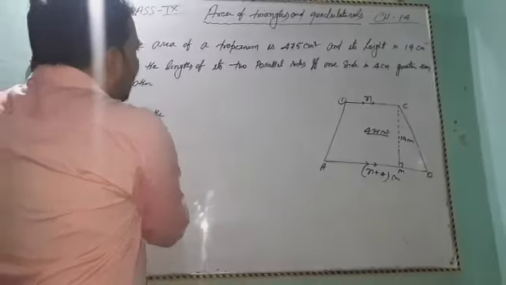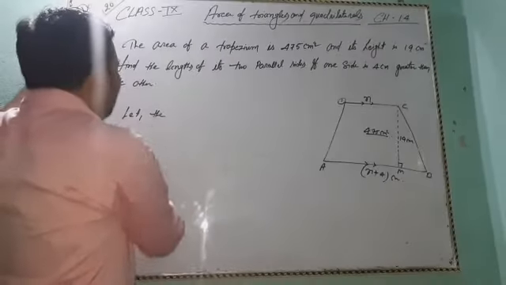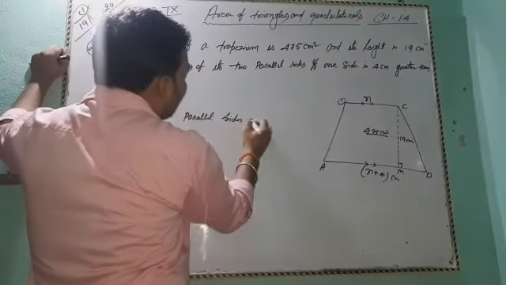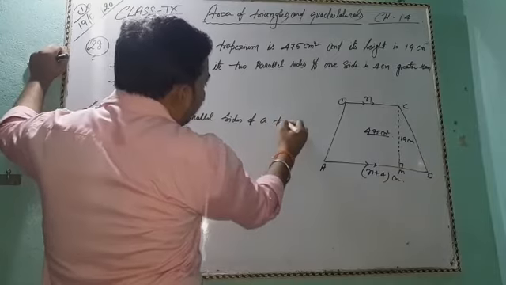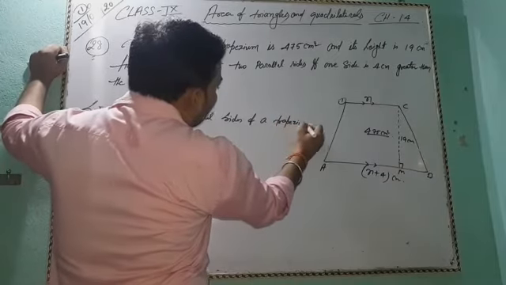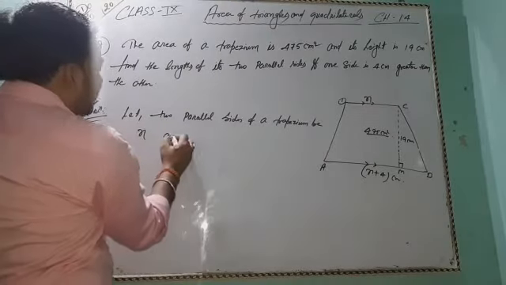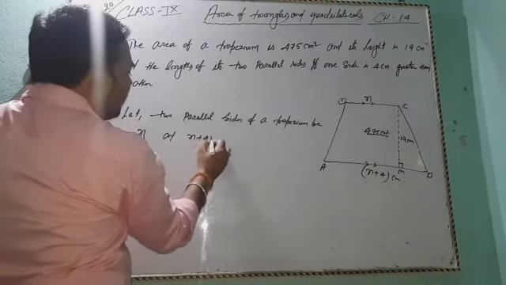Let the two parallel sides of a trapezium be x and x plus 4.